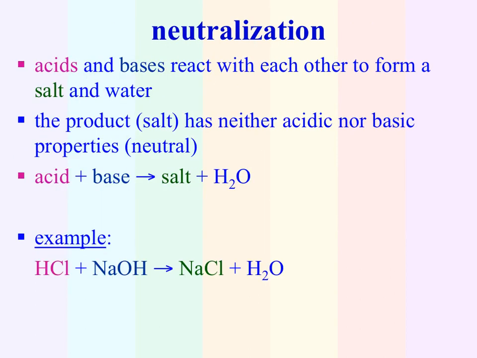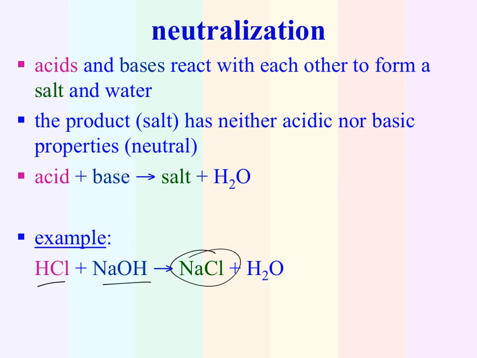Okay, so this has been an assumption from the jump, but acids and bases, we know that they react with each other to form a salt and water. Okay, when we are dealing with the reaction of a strong acid and a strong base, the salts that are produced basically do not affect the acidity or basicity of your solution, right? Na plus and Cl minus would be an example of the salt produced when hydrochloric acid and sodium hydroxide react.